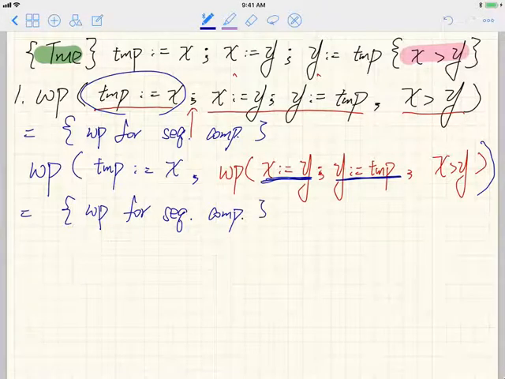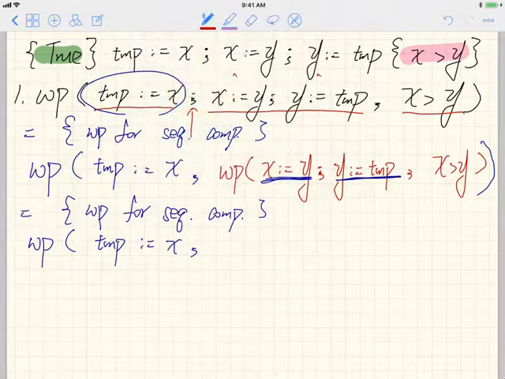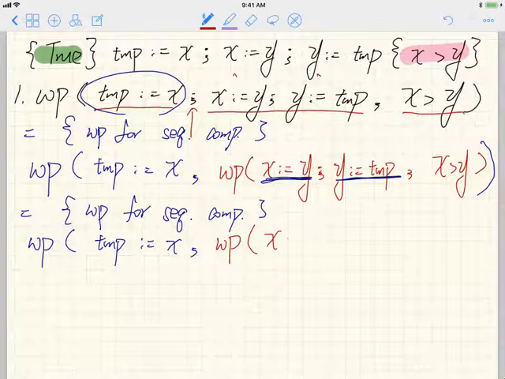Now I can say WP, and then the same as before, temp is assigned to x, followed by, over here, WP, and then x is assigned to y. I'm gonna actually apply this part over here.